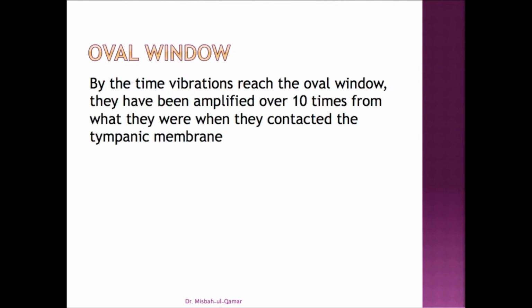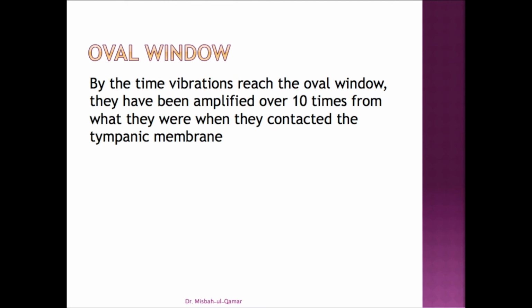Now, what is this oval window? Basically, it's a membrane covered opening which leads from the middle ear to the vestibule of the inner ear. This oval window is an intersection of the middle ear with the inner ear, and as I already told you, it is directly contacted by the stapes.